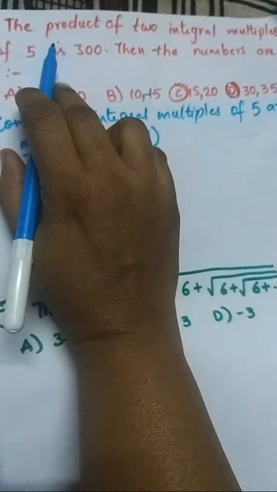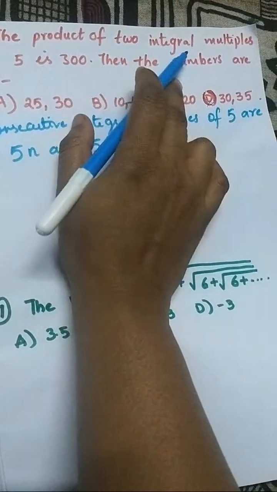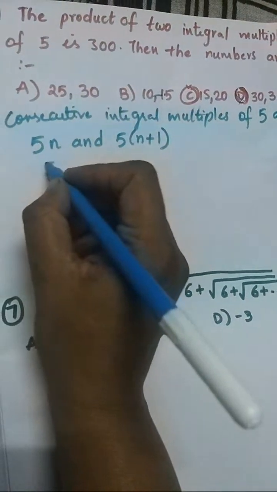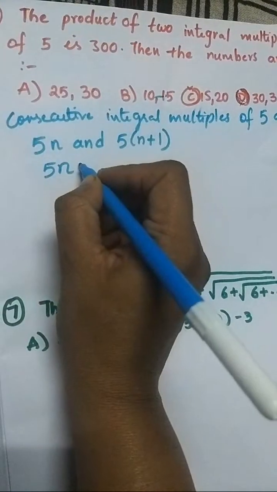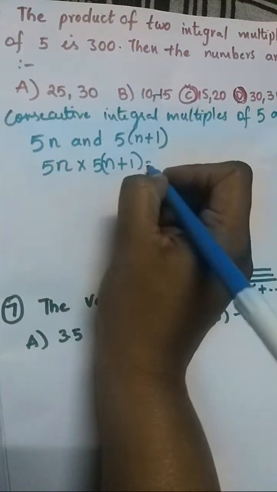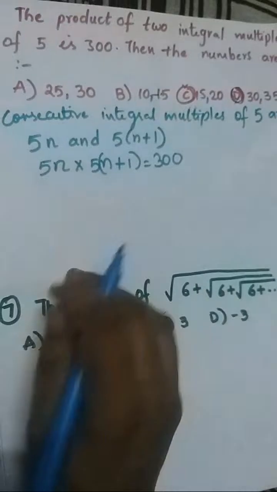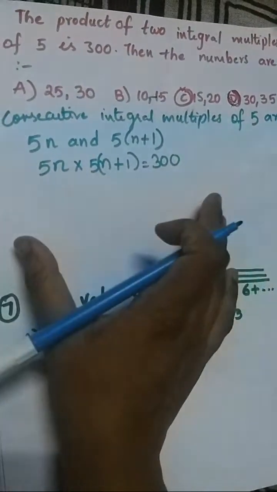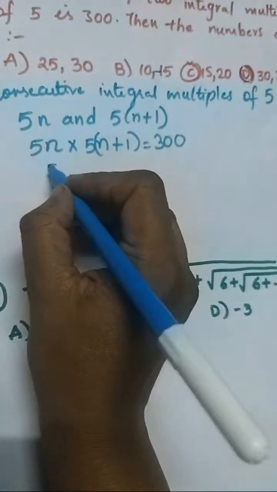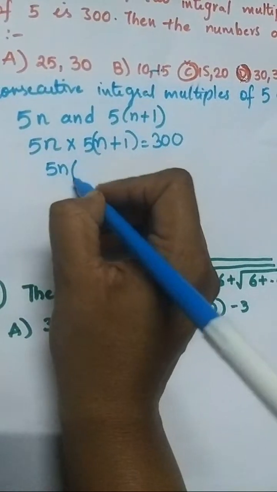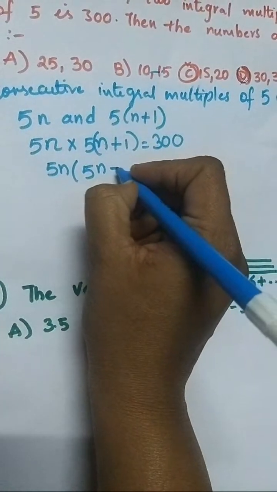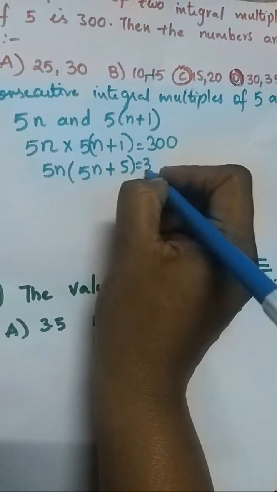The question is: the product of two integral multiples of 5 is 300. So write it in the form of an equation: 5n into 5 into n plus 1 is 300. Now multiply: 5n into 5n is 25n square, and 5n into 5 is 25n, equal to 300.